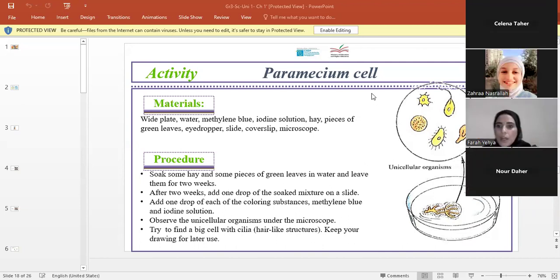First of all, you have to bring a plate or a jar, or a beaker, another word. You have to put water inside it, and you have to put iodine solution, which we already took in order to see well through the microscope.